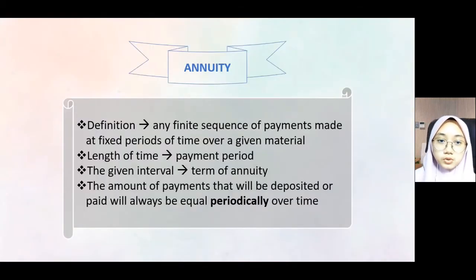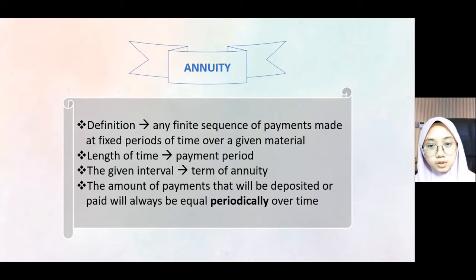Okay, what is annuity? The definition of annuity is any finite sequence of payments made at fixed periods of time over a given interval. The length of time is considered as the payment period, and the given interval is considered as the term of annuity.